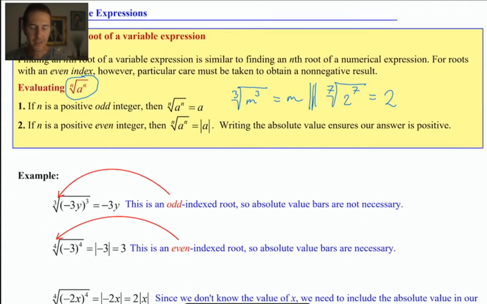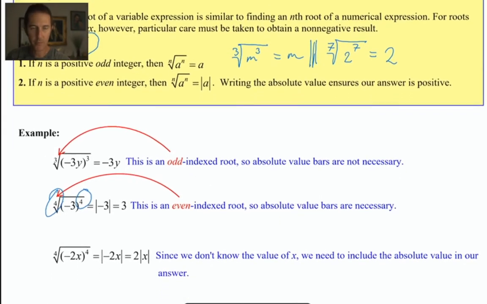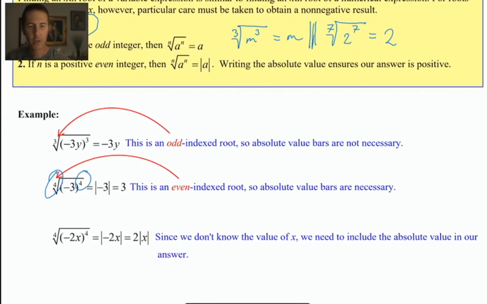If you look at the second example right here, this is an example of that even index with the even power. We've got the fourth root of -3 to the fourth power. Those 4s should cancel out, leaving us just with the -3, but since the index and the power were even, we need to throw a set of absolute value bars on that -3, ultimately making our answer +3.